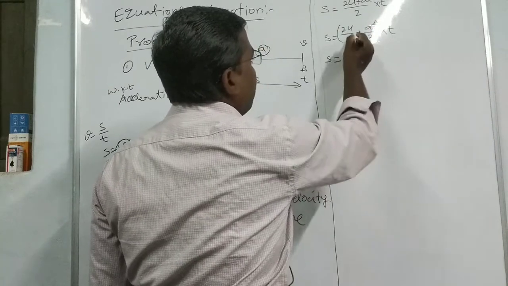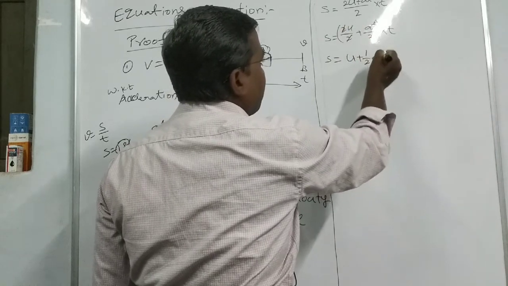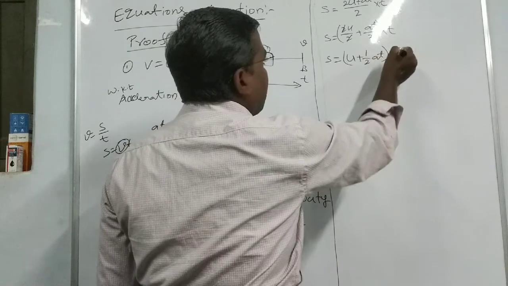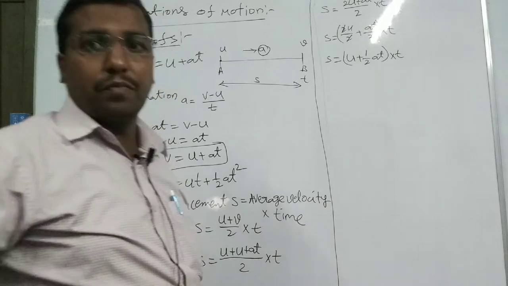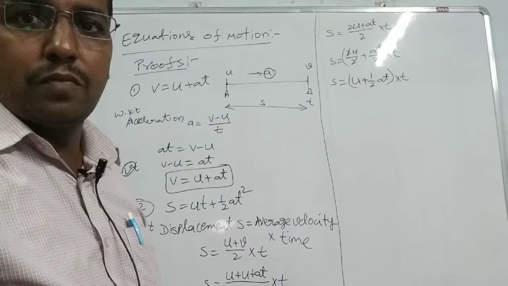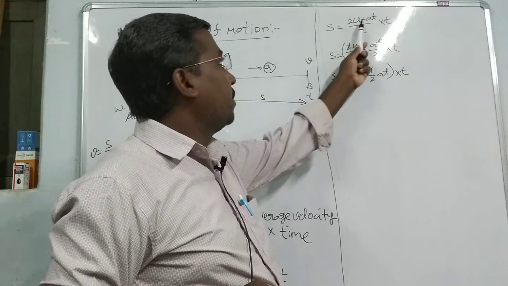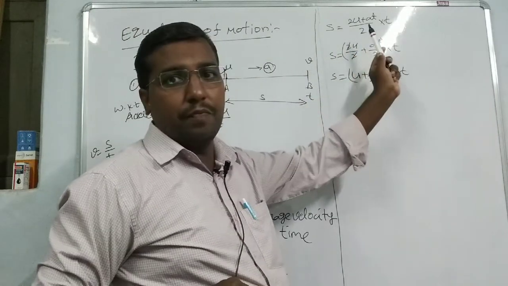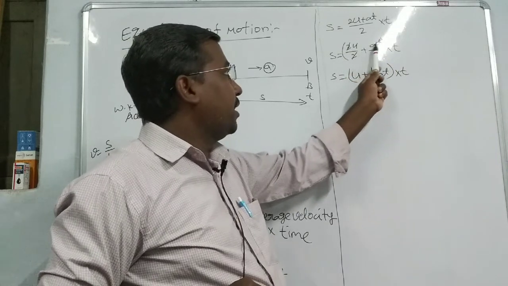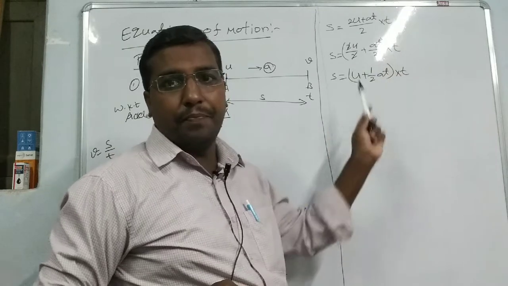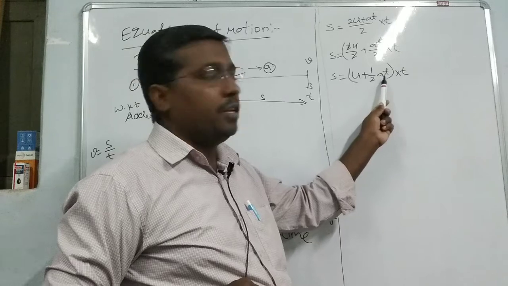The 2 cancels, so s equal to u plus half at, into t.